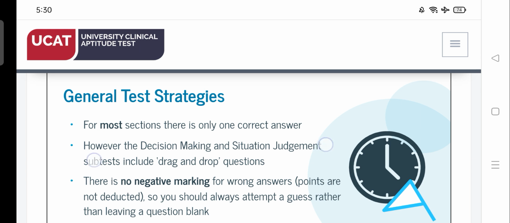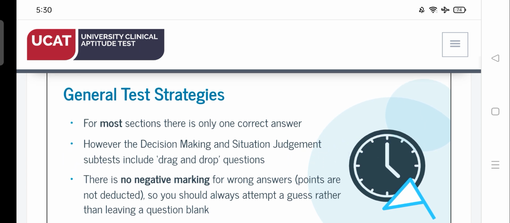Next we have: for most sections there is only one correct answer. However, the decision making and situational judgement subtests include drag and drop questions.